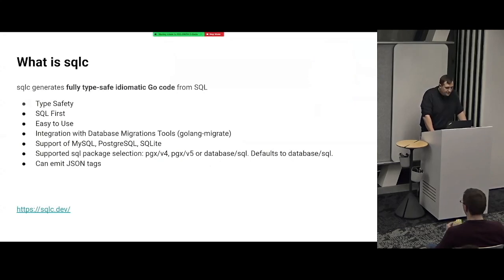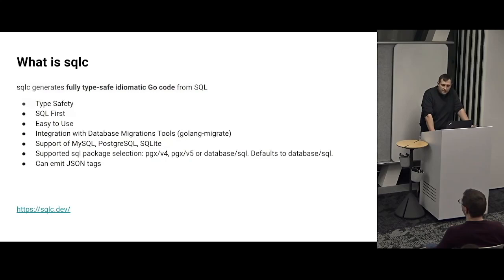What is SQLc? SQLc generates fully type-safe idiomatic Go code from SQL, which means that we start with SQL, not only queries, but definitions of the schema, tables, triggers, types, and stuff like that.